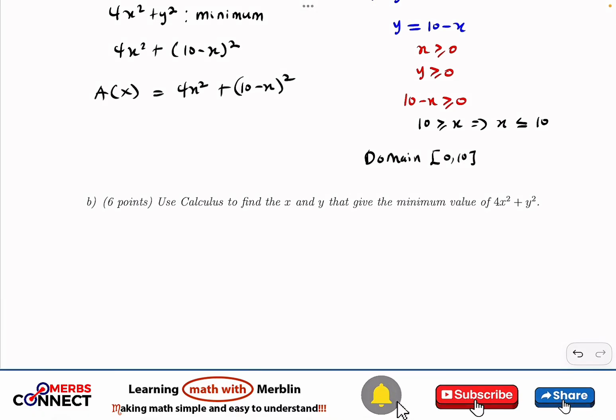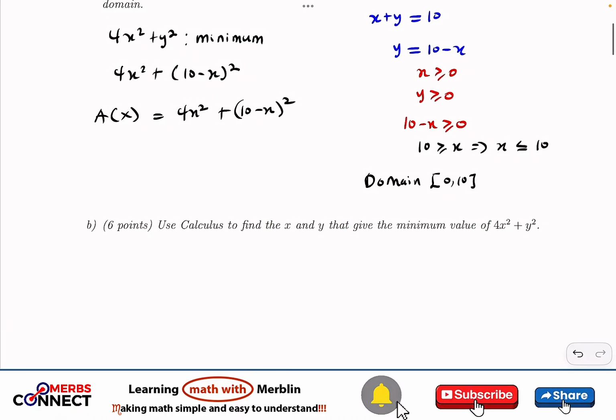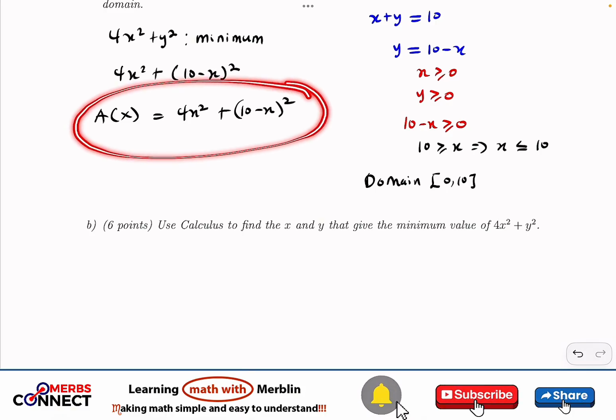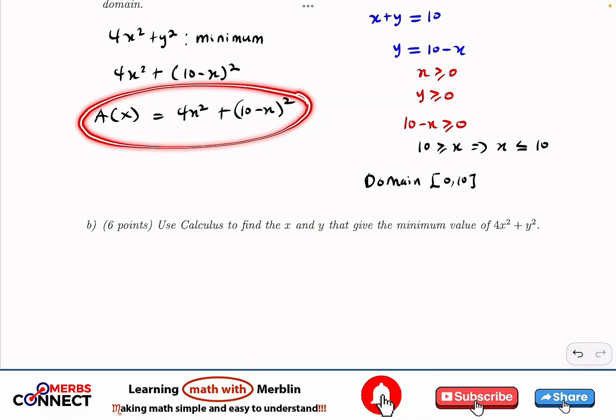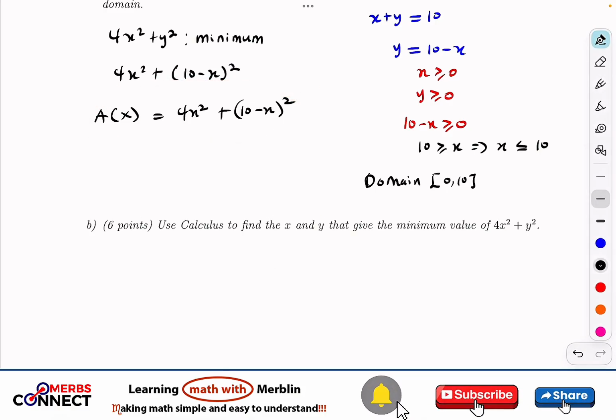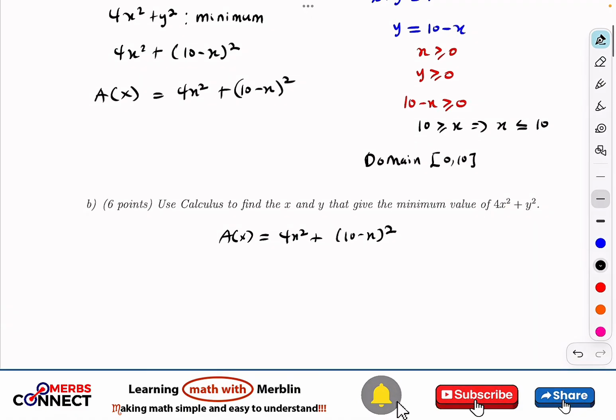Question B says we need to use calculus to find x and y so that we can minimize this function. This function is what we used here, and because we replaced y by 10 minus x, we had this. So we are going to use this function at B: A of x is equal to 4x squared plus (10 minus x) squared.